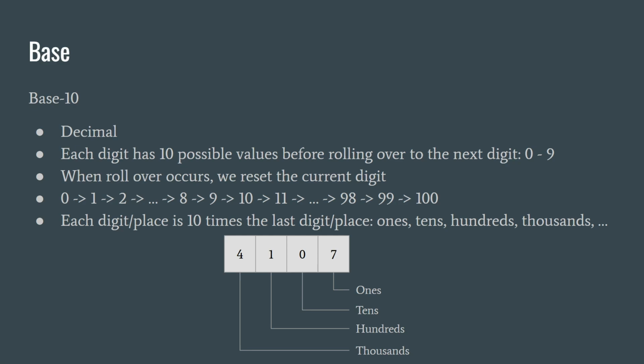Since we rolled over the 10's digit and the 1's digit, it's now 100. So there are 10 numbers in each place, and each digit represents 10 times the last one. So you have the 1's place, the 10's place, the 100's place, and the 1000's place.